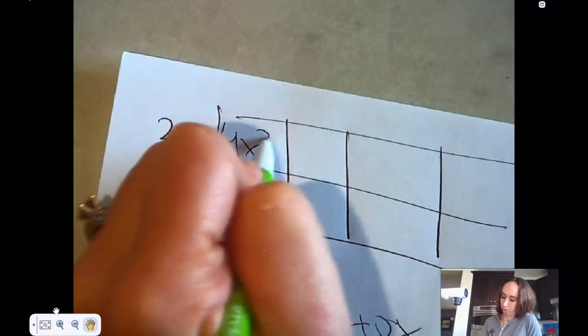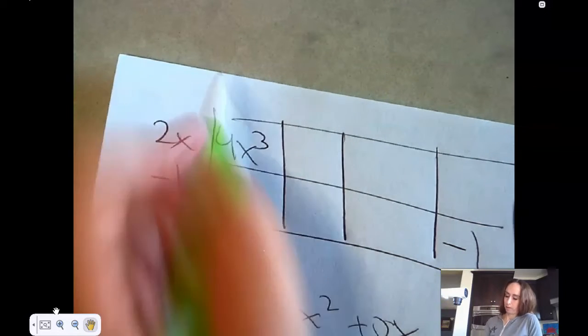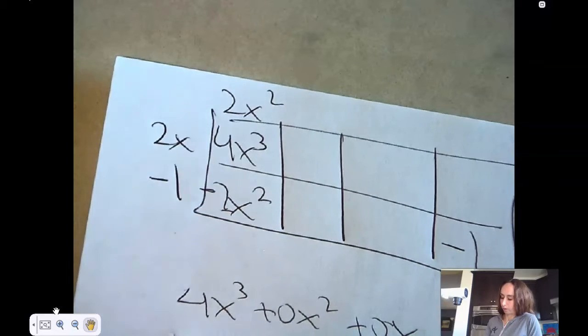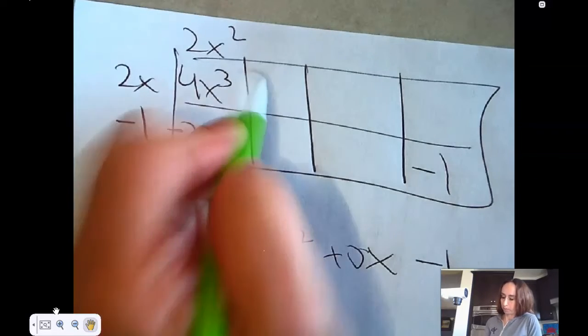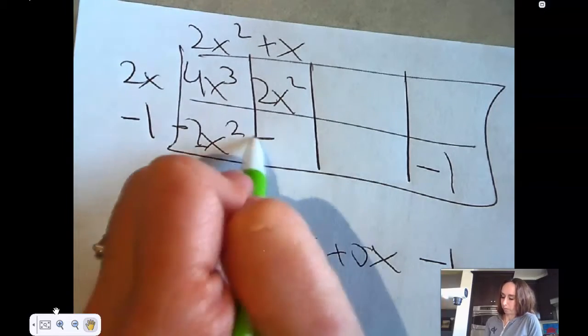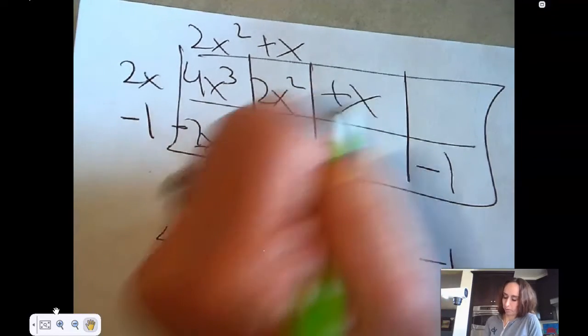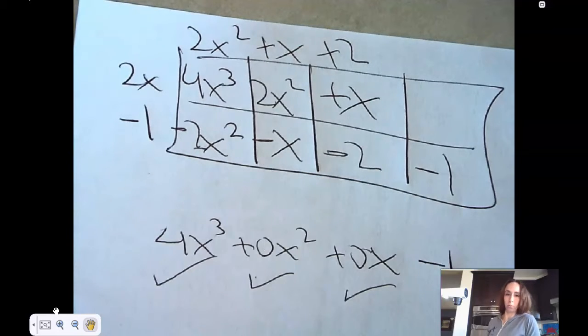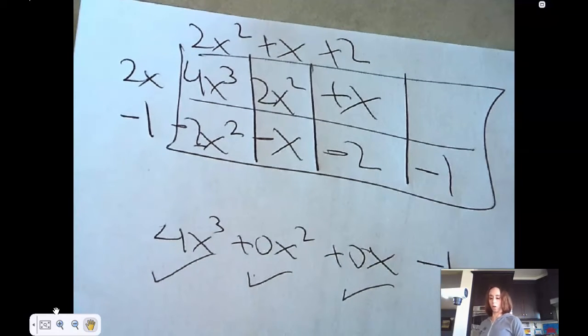First guy, last guy. That would be 2x squared, negative 2x squared. That's done. How do I get to 0? 2x squared. So that would be plus x minus x. So plus x plus 2 minus 2. I'm supposed to be getting negative 1.